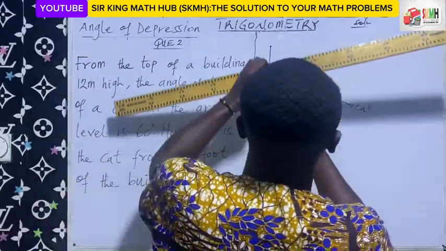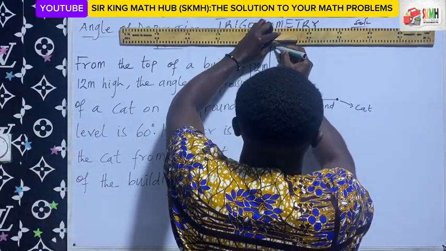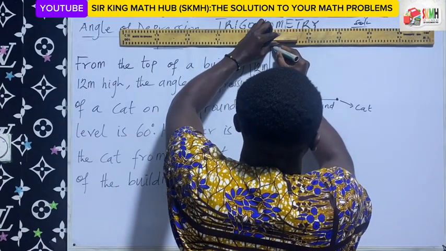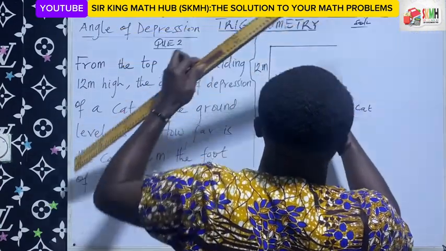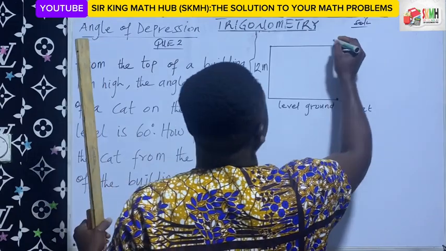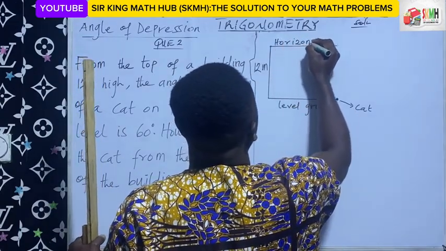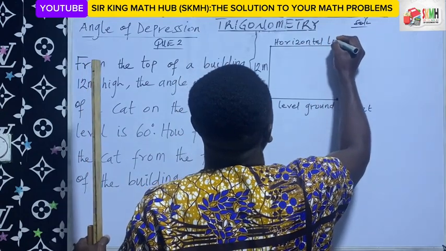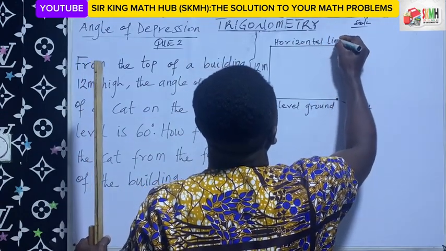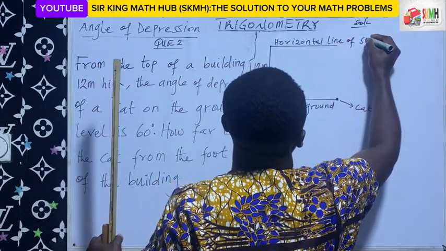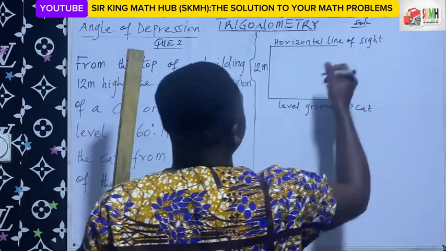So before we measure the angle of depression, there should be a horizontal. So this is our horizontal line of sight, as you can see.